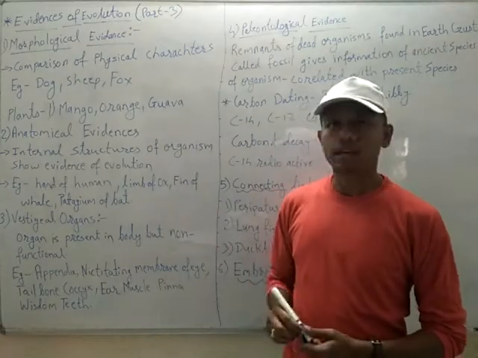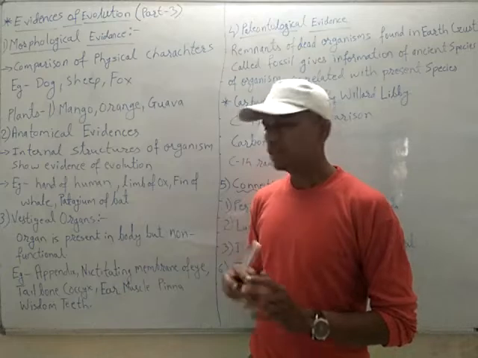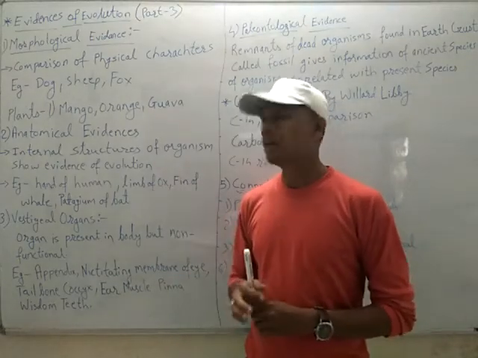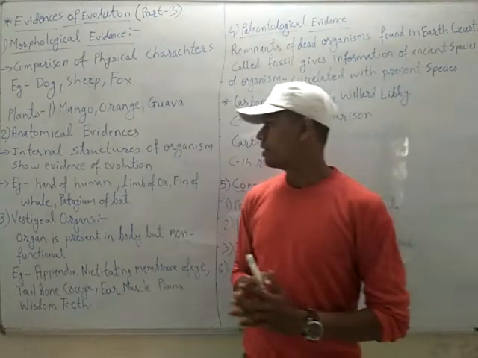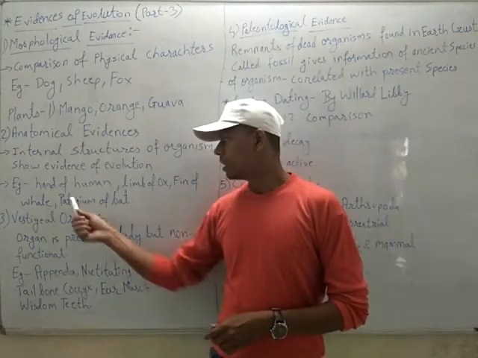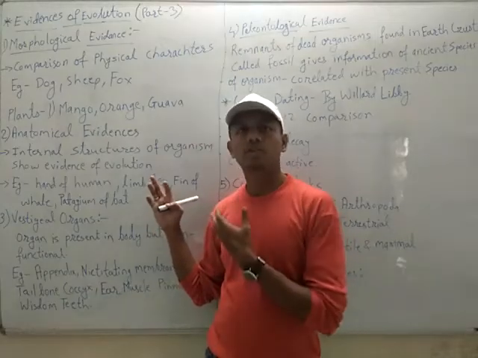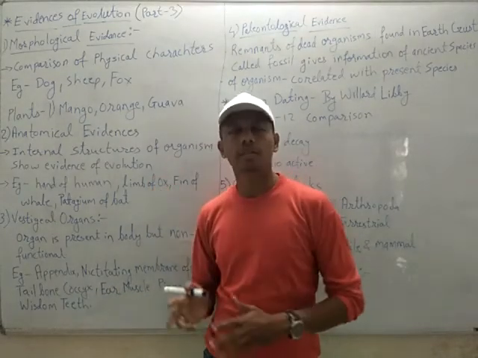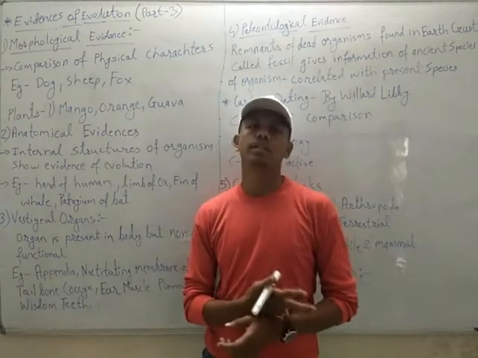If we compare the internal structures, bones and joints, the arrangement of the bones and the joints are very similar. What I am saying, let me repeat. The internal structure of these various different organs of different organisms has the same or similar arrangement of bones and joints.